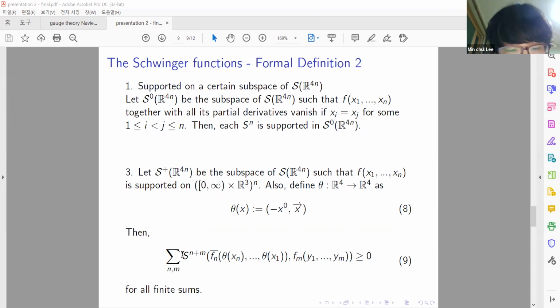Then the Schwinger functions must satisfy these positive definite conditions. This is called the reflection positivity. In this case, I use a more formal language of distributions by using the test functions, because this property is one of the key properties for a Schwinger function and must be stated precisely.